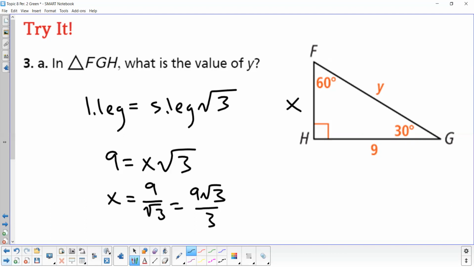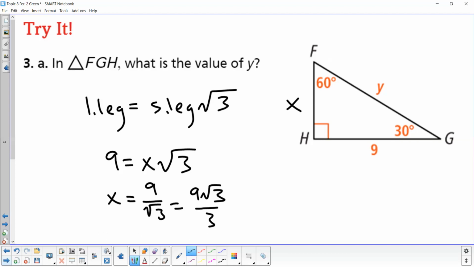Wait, if you divide the x out of it, wouldn't you have root 3 over 9? How do I get x by itself if it's being multiplied by root 3? Divide by root 3. Oh, I thought divide by x. Never mind. And then we rationalize the denominator.